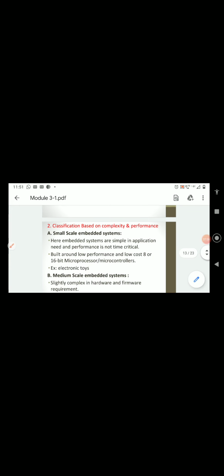And you can see these are built around medium performance and low cost. In the previous case they are built around low performance and low cost. Here they have built these medium scale embedded systems on medium performance, low cost 16 or 32-bit microprocessors or microcontrollers, and they usually contain an operating system.